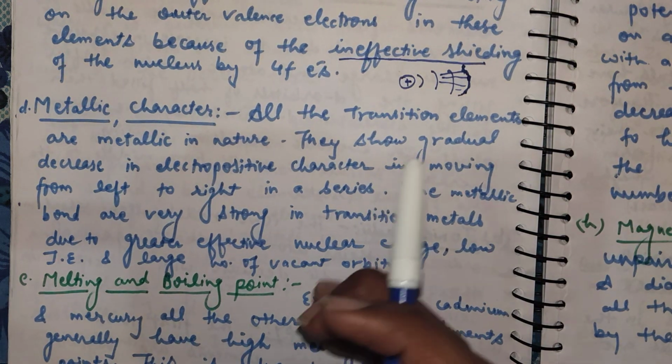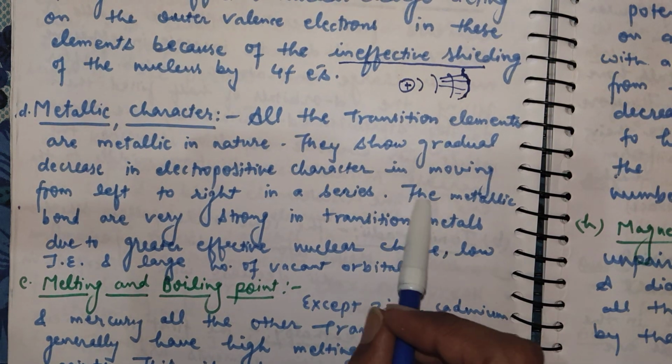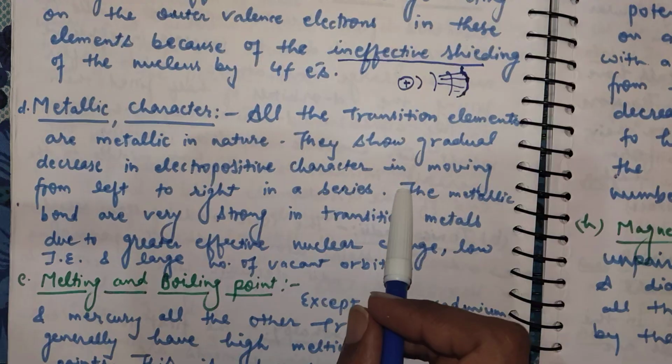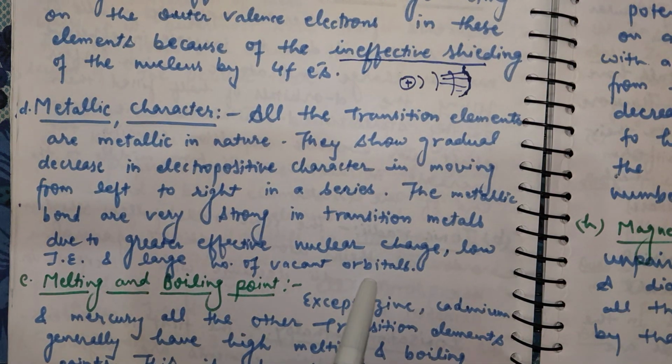So effective nuclear charge pulls the electrons toward itself, nearby the nucleus, and the remaining valence orbitals remain vacant, which is the reason behind it.